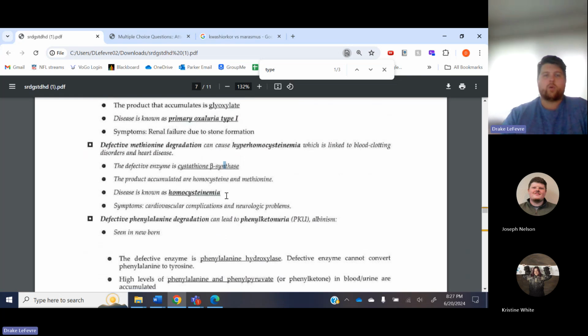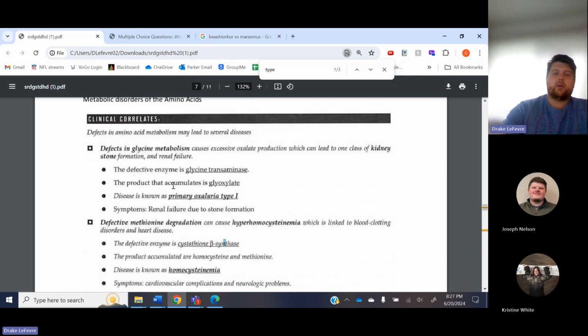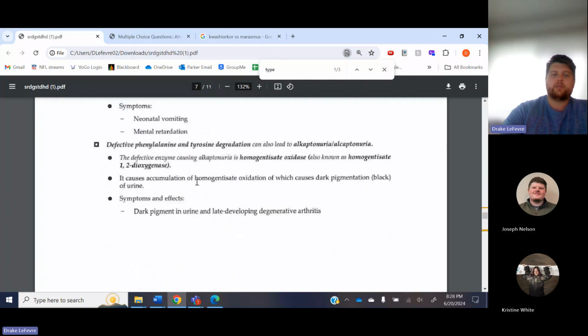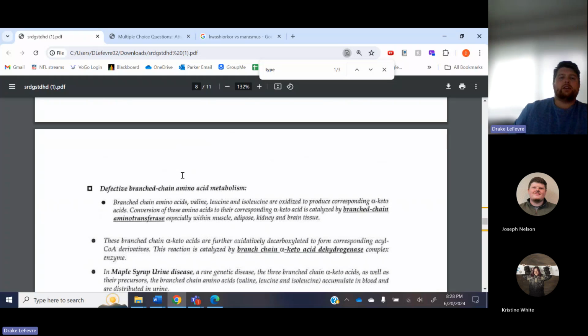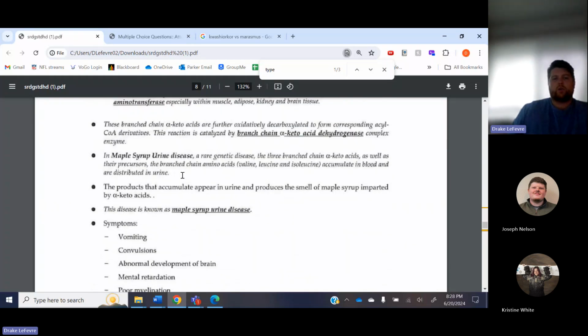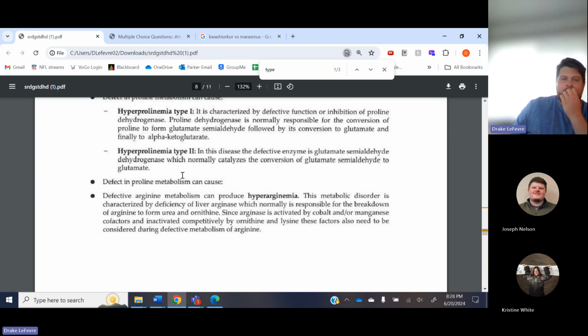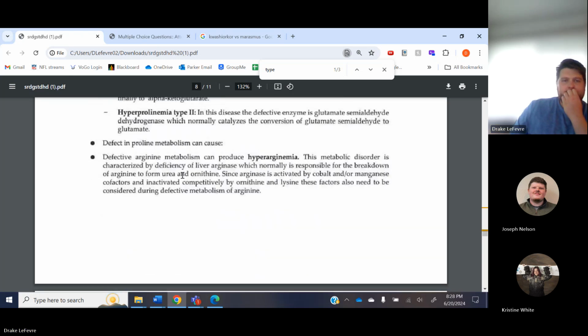He'll probably have one question on methionine degradation. It's safe to assume he'll have at least 1 or 2 questions from each of these conditions. So hyperprolinemia type 1 and type 2, he usually has one question about those as well. So yeah.